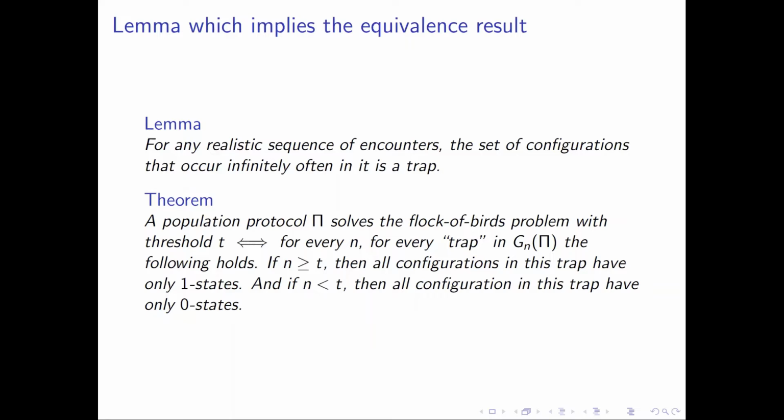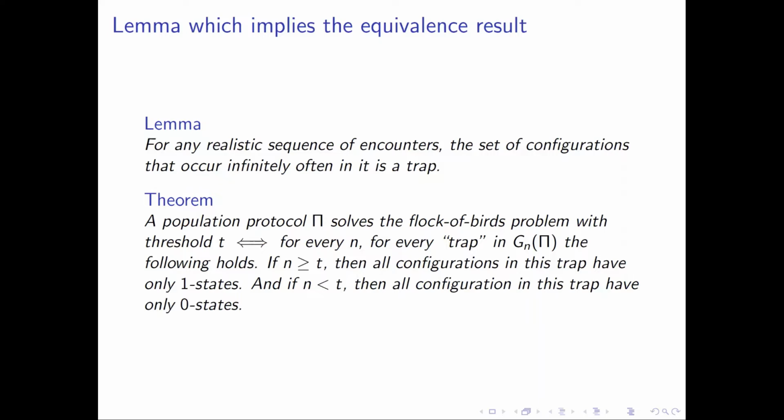And then I consider all configurations that occur infinitely often in this sequence. And I claim that this is a trap in the corresponding configuration graph. Okay, let's try to understand at least why this lemma implies the theorem, the equivalence result.